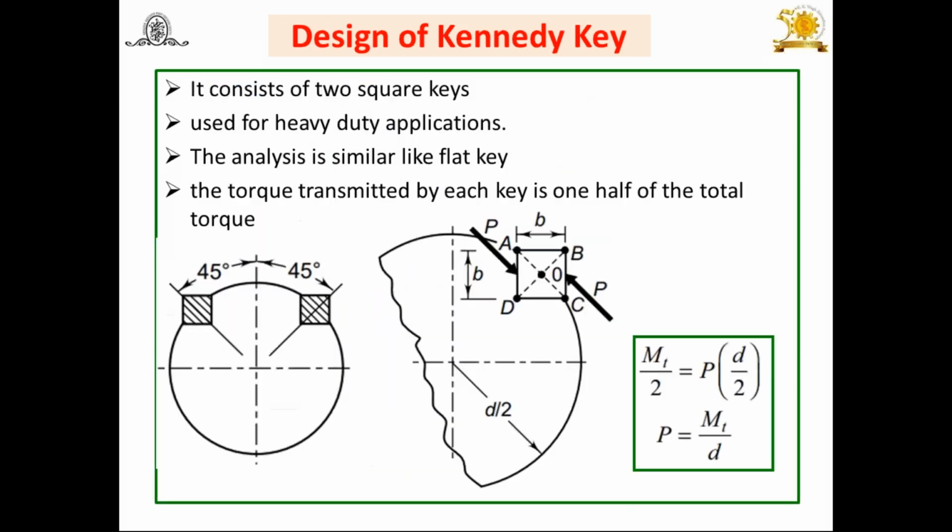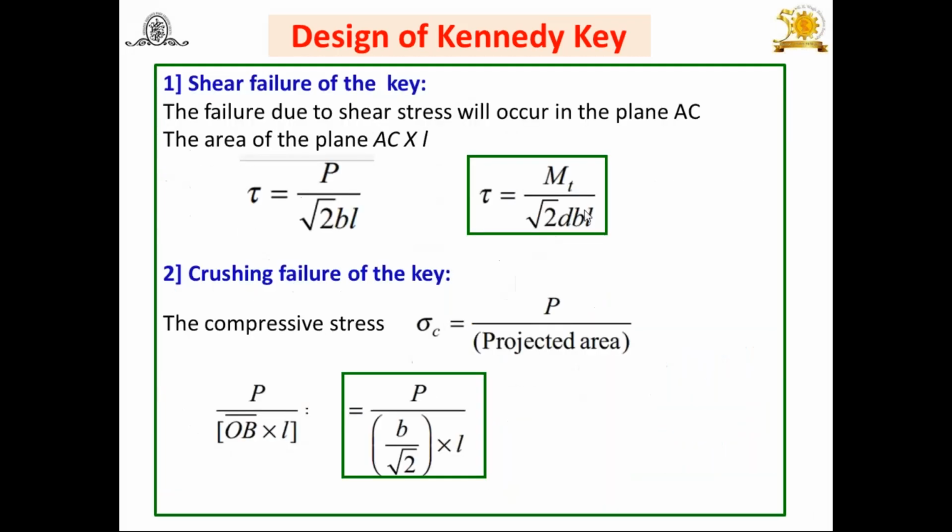The force is already known from the torque for one single key here. P is equal to Mt by D. We are going to substitute this value here. So what will you get for tau? Shear stress induced in the Kennedy key is Mt divided by under root 2 into D into B into L. This is the expression you can use to find the shear stress induced in the Kennedy key, or you can use this expression to find the length of the key.